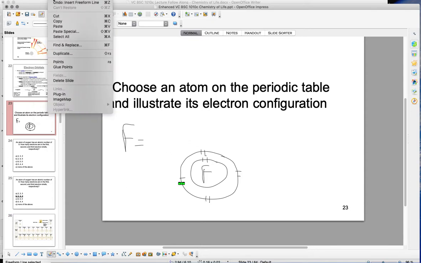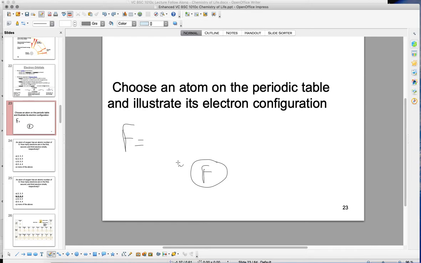And let me actually go back, because I want to show you we should not be doing it like this. I was doing it like that for simplicity, but I want to show you how they actually fill up. Okay, so we said that fluorine's atomic number is 9. So we go like this.